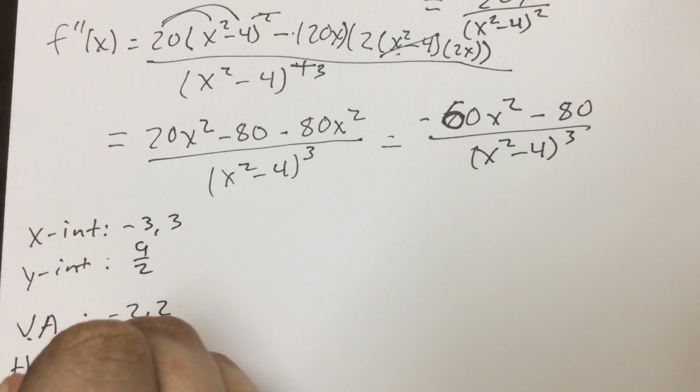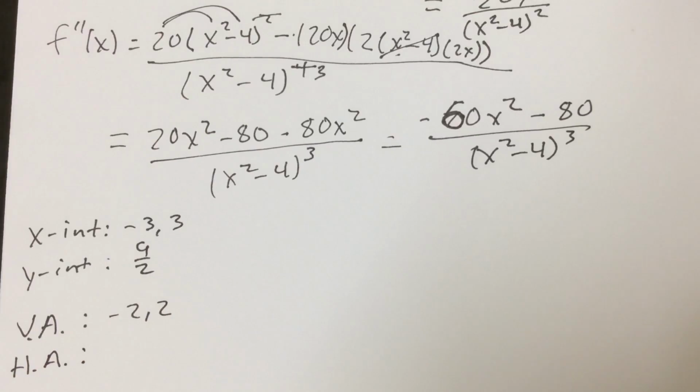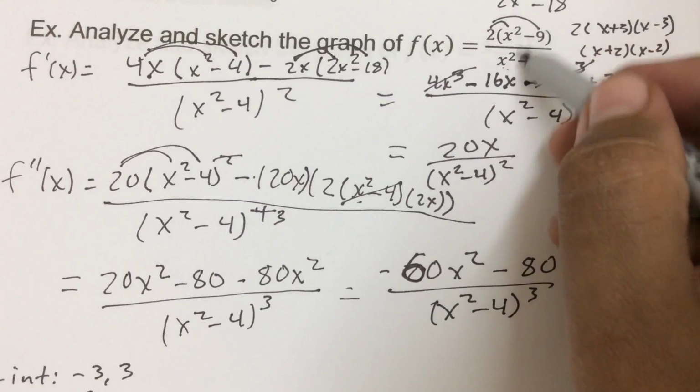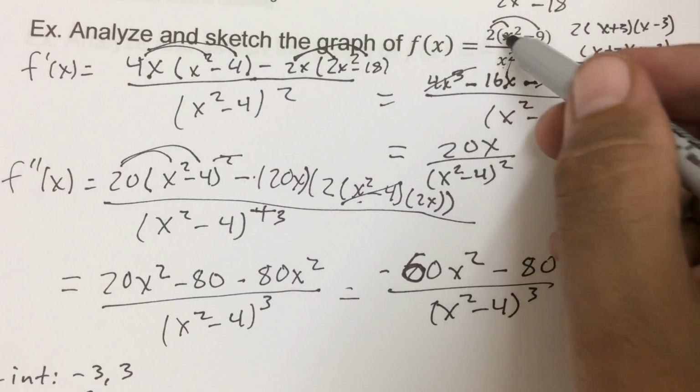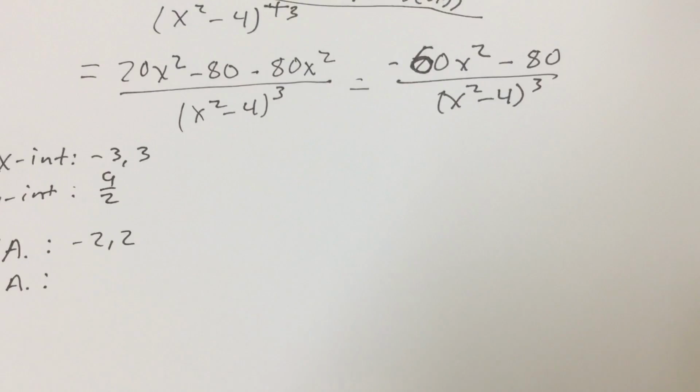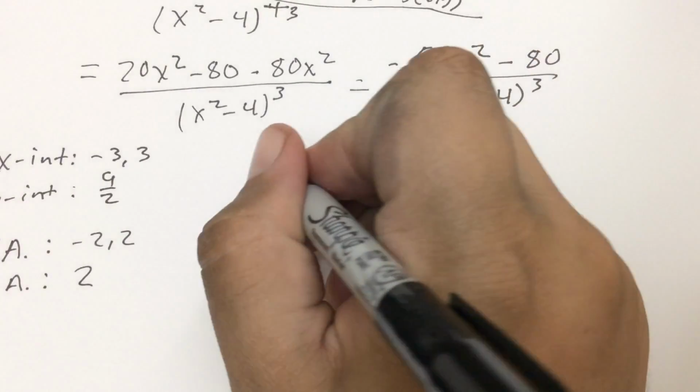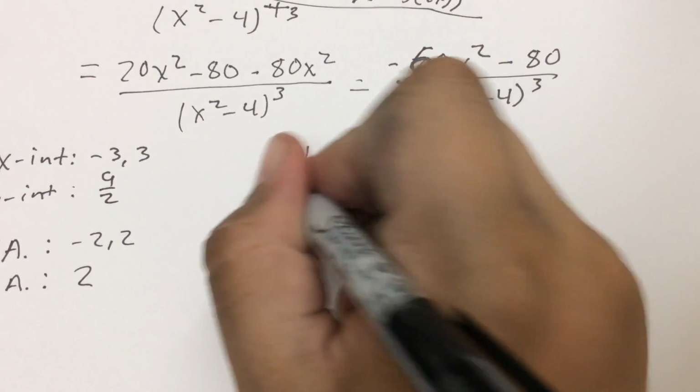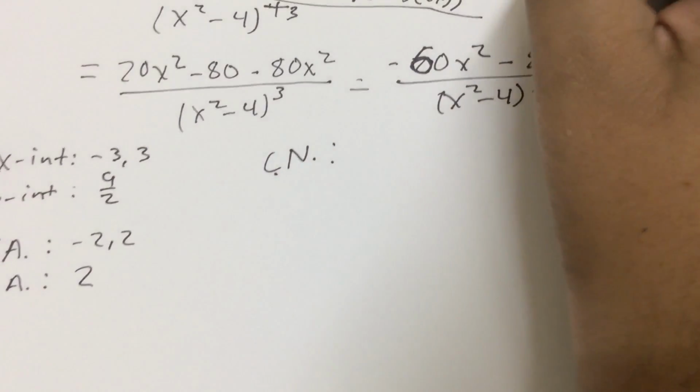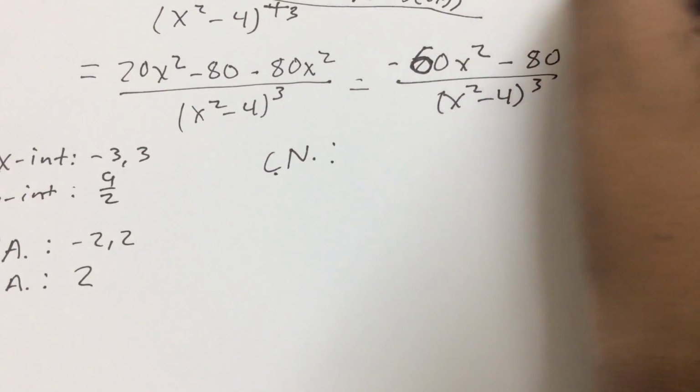Horizontal asymptote. If we go back up here, they're both x squareds, so it's what's in front. The top has a 2, so we have a horizontal asymptote at 2. Critical numbers. What would make this top be 0? What would make 20x equal 0? Well, x would have to be 0.